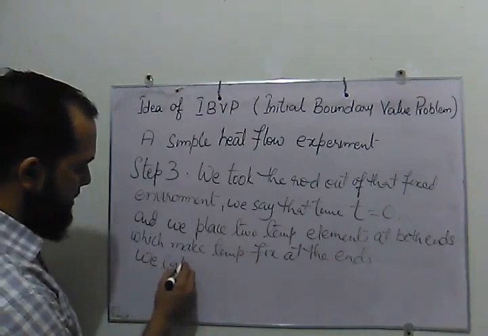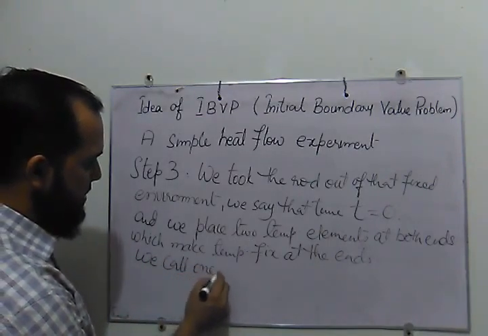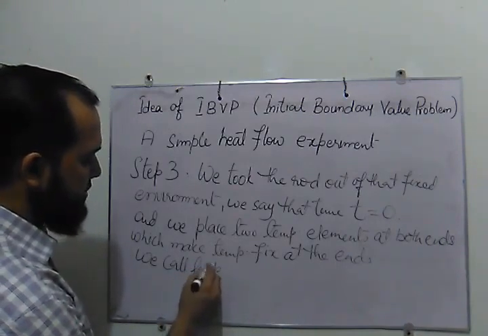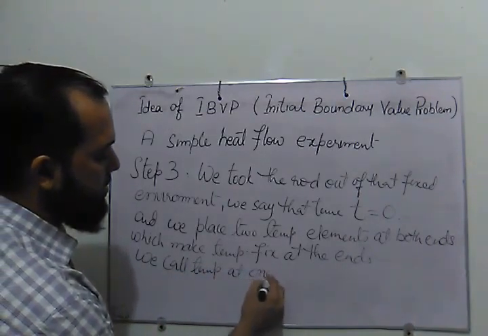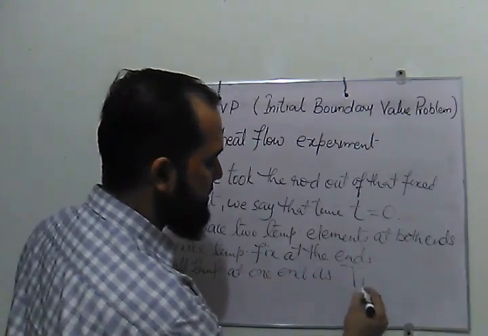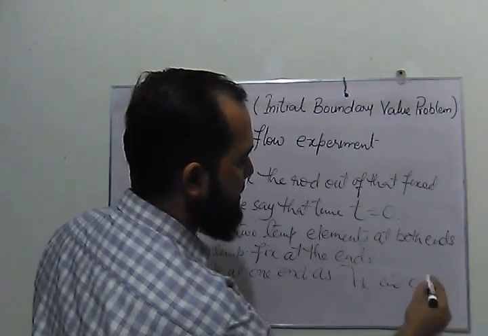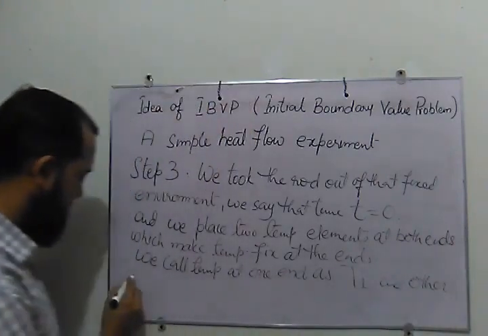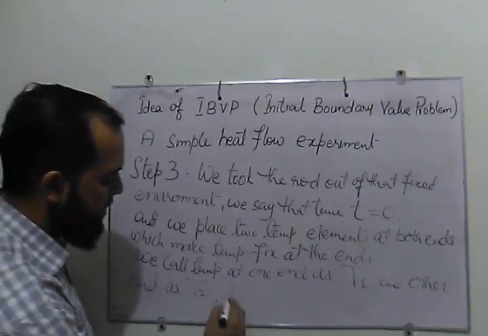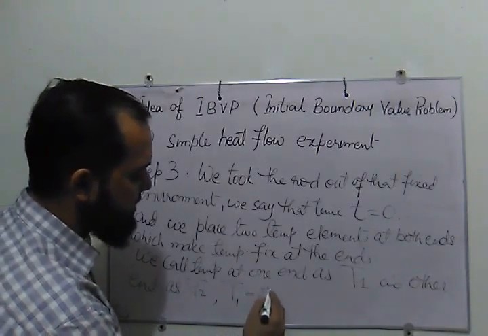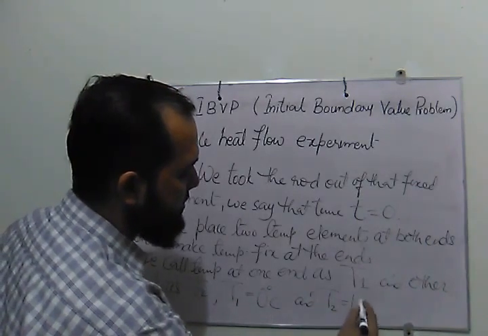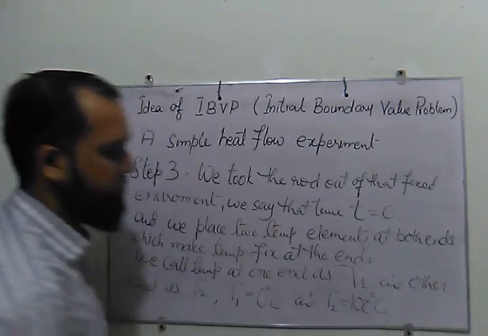We call the temperature at one end T1 and the other end T2. T1, for example, is 0 degrees centigrade and T2 is 100 degrees centigrade.